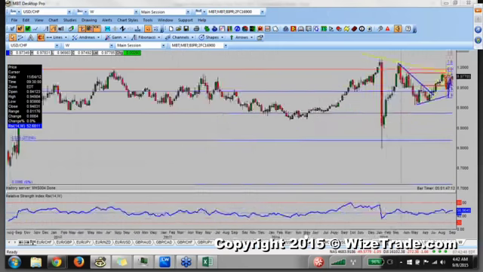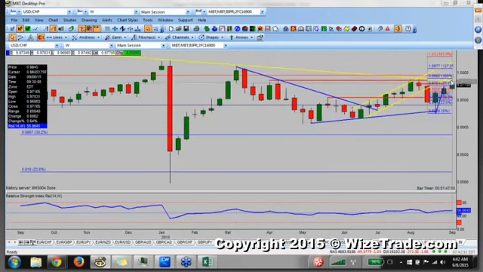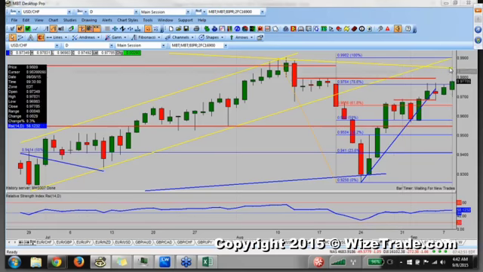You can see it's right here. It's 98 and change. It's going to find a ton of resistance as we get above 98 cents. We have resistance that comes in right at 98, and then just above it like 98.30, 98.40.